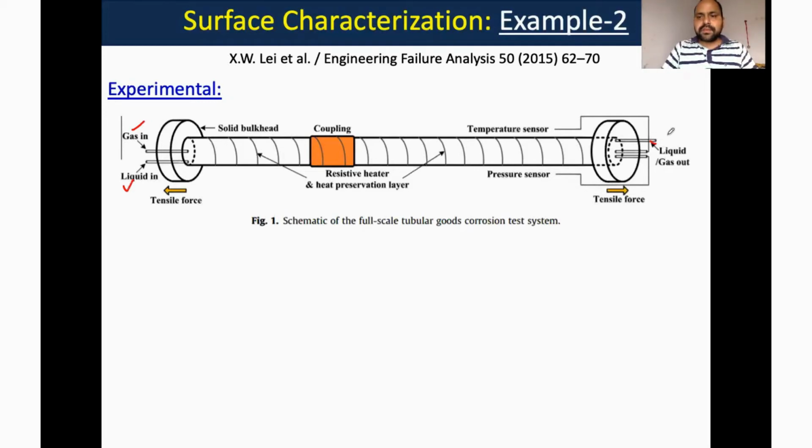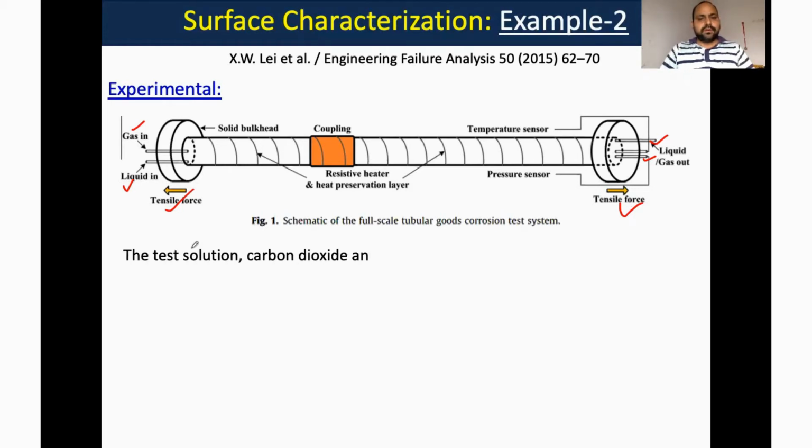Similarly, here we have liquid and gas outlets, and we also have a tensile force. So they are applying a tensile force here. Then how is the tensile force going to affect the material's corrosion behavior when they apply an environment, that is, your spent acid?